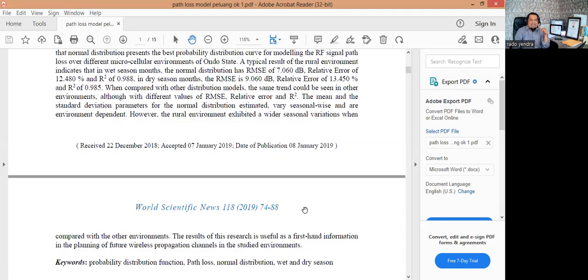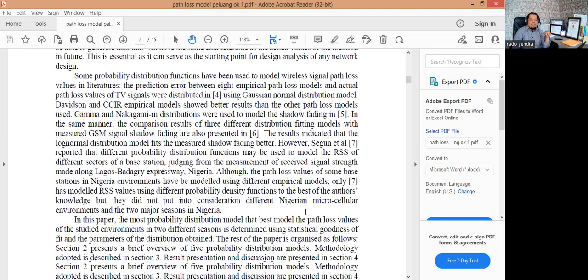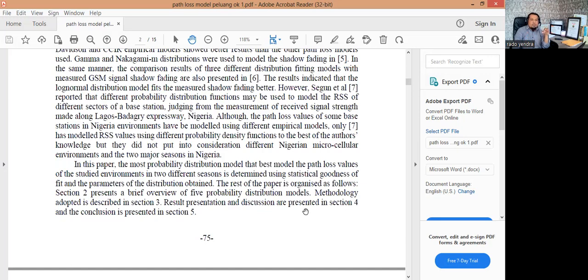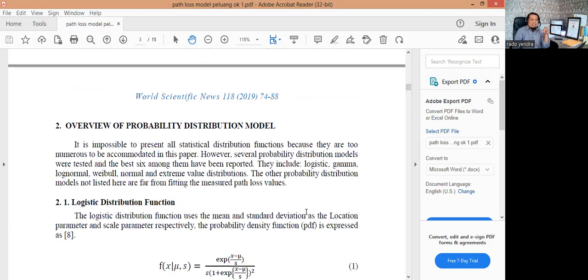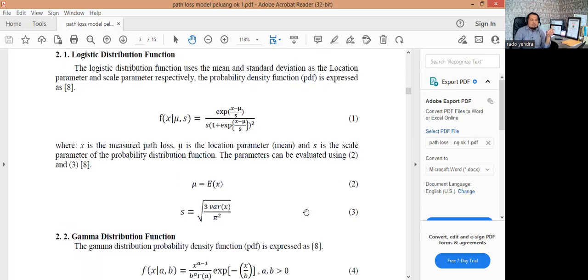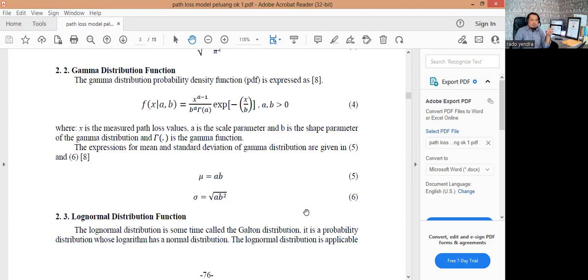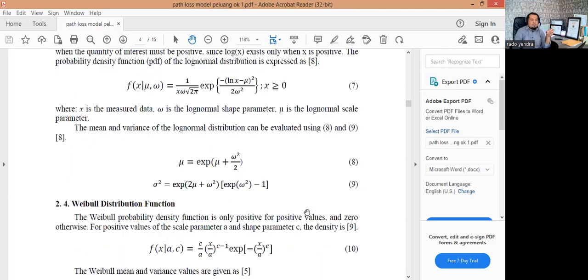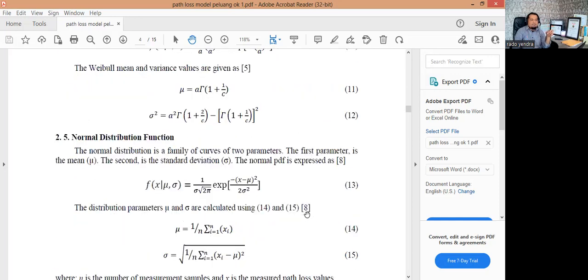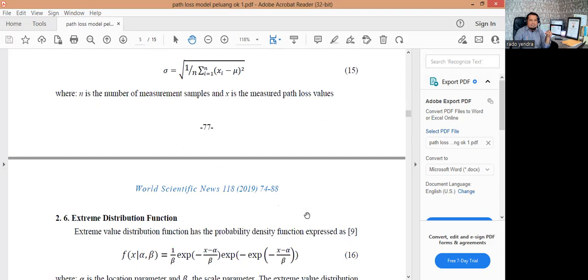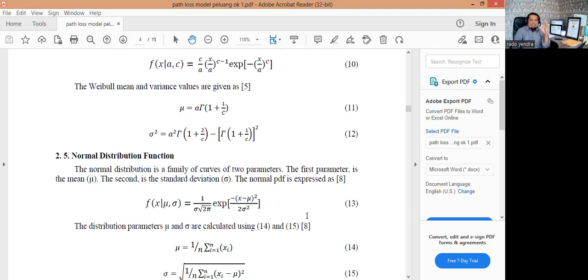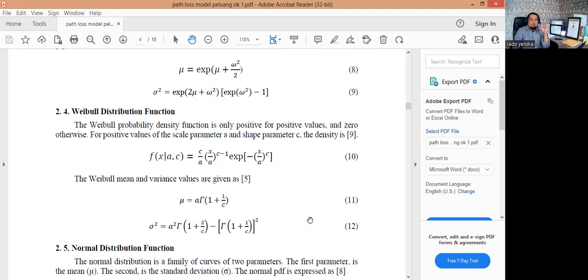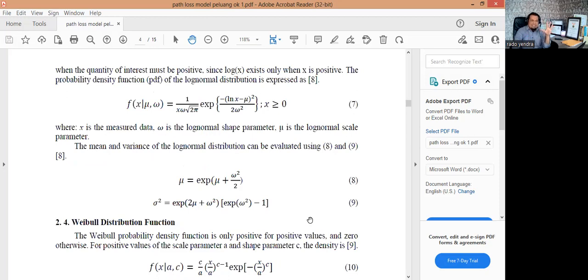According to the article, there are six models we can use for probability modeling of the path loss data: logistic distribution function, gamma distribution function, log normal distribution function, Weibull distribution function, normal distribution function, and extreme distribution function.